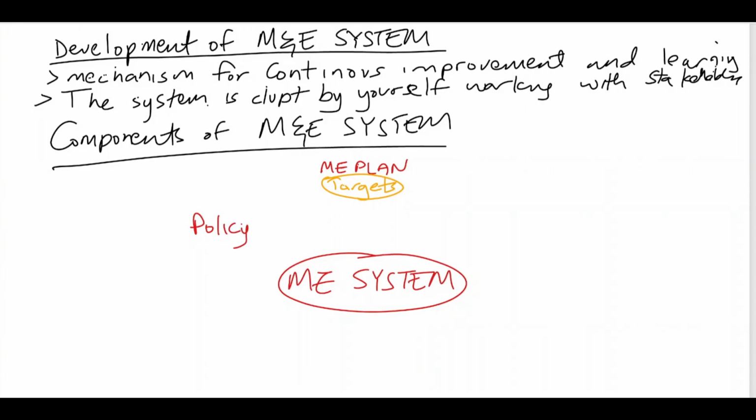So the policy gives you the rules, the do's and don'ts when it comes to carrying out monitoring and evaluation. Because you know what would happen if you don't have a policy? It means that people will be doing their own thing whenever they feel like, wherever they feel like, and they won't be brought under question. So the policy is supposed to explain what the do's and don'ts are.